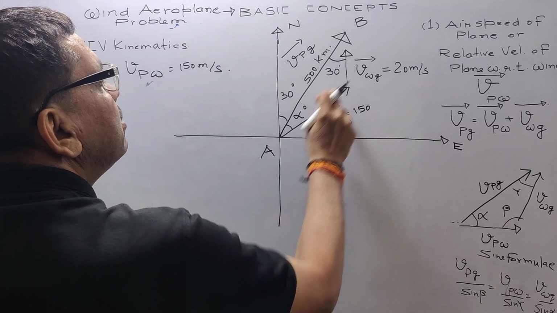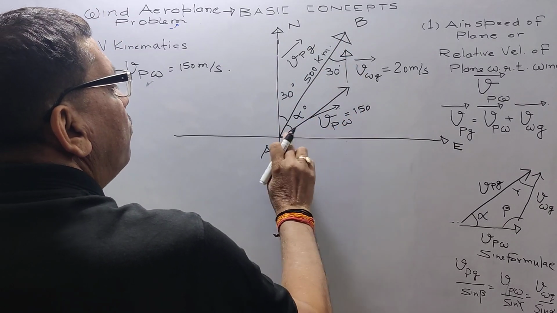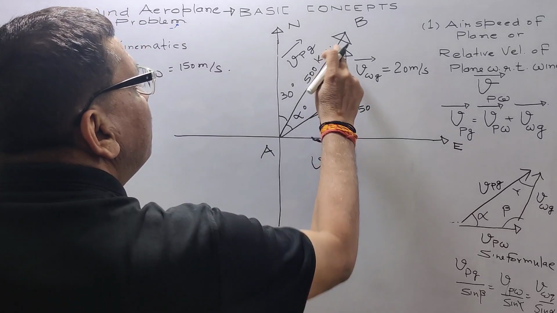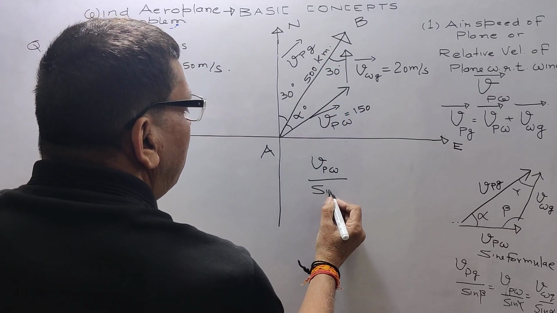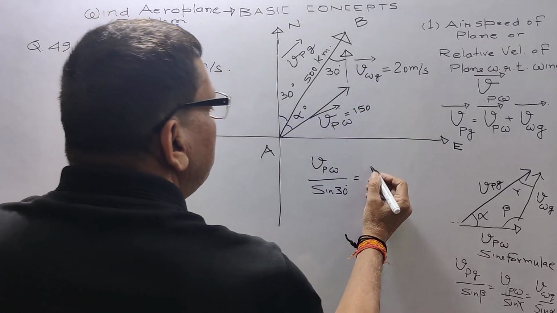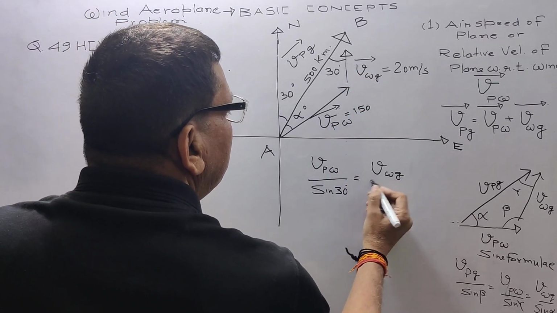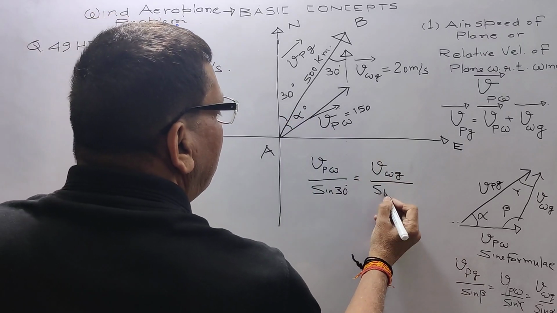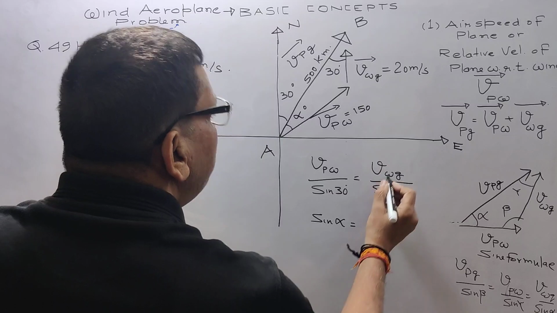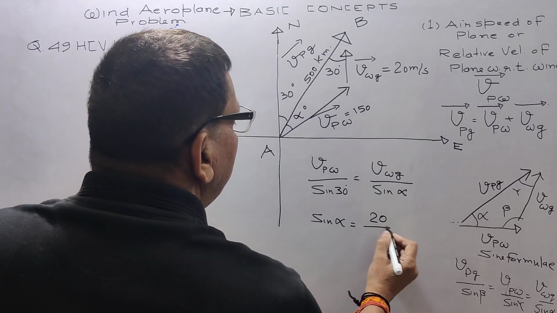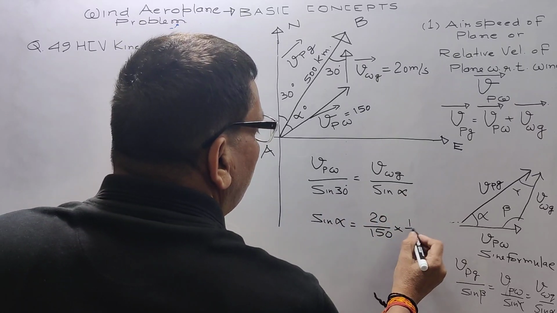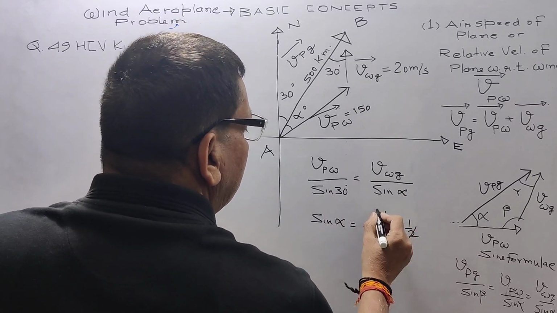Now I can take this triangle and use the sine formula: VPW by sine 30 degree is equal to VWG divided by sine of alpha. So sine of alpha is, this is 20, this is 150, and sine 30 is 1 by 2. So this gets cancelled, this gets cancelled.